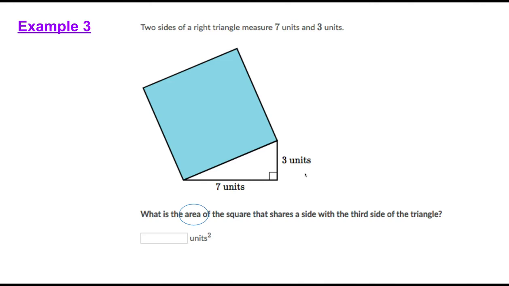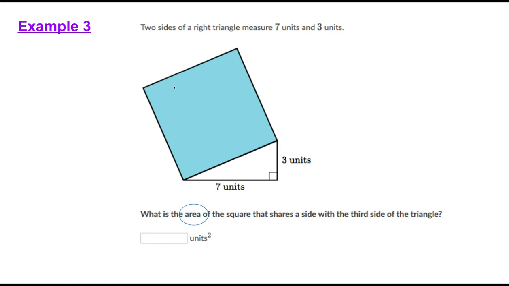So keep in mind again that the side of the triangle is the root of the square. So the whole idea of a root is that it is the side of a square with a certain area. So in this case, I know my leg is 7 and my other leg is 3. I would go on about doing the Pythagorean theorem, but I would remember that I'm not trying to find the hypotenuse.